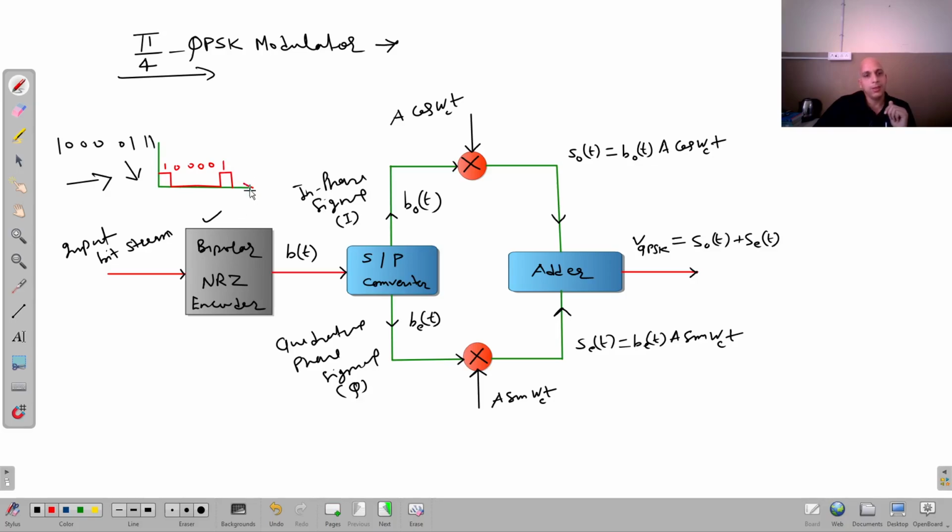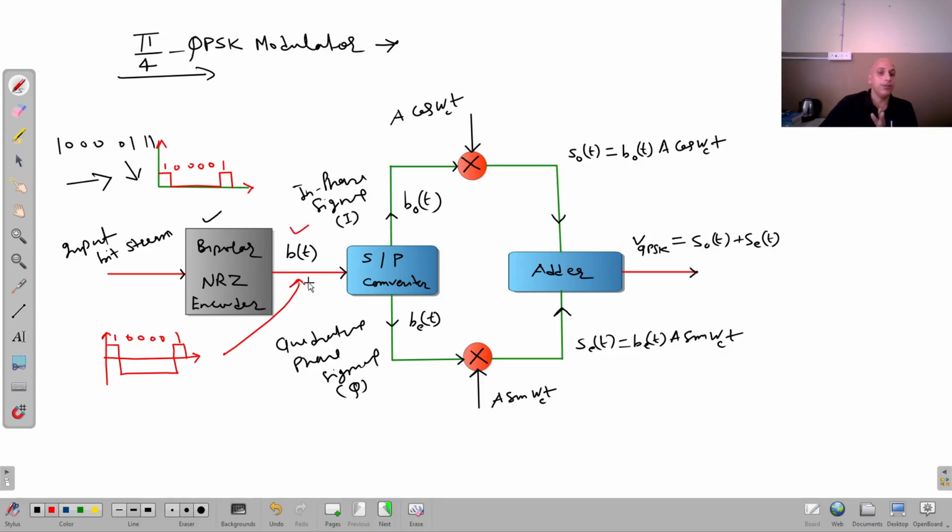When it is converted into non-returning to zero format, this bit stream will become kind of in this way, 0 0 0, then again 1, right? In this way, 1 0 0 0 0 and 1. So this is the output of this bipolar NRZ encoder, and then it is represented as VT.